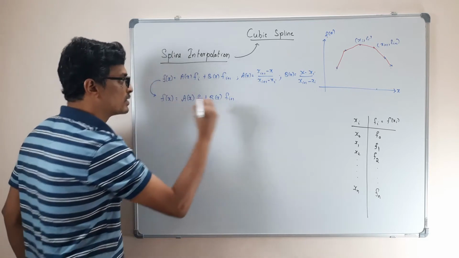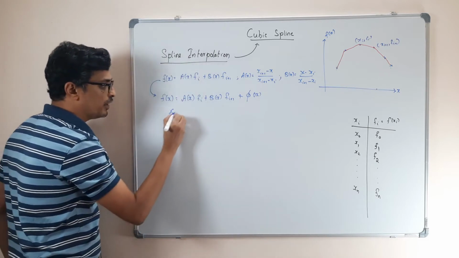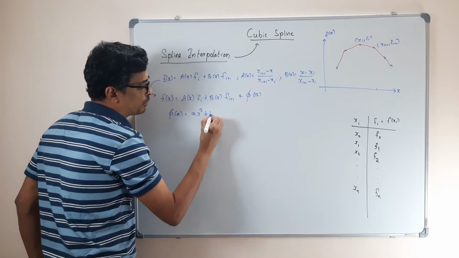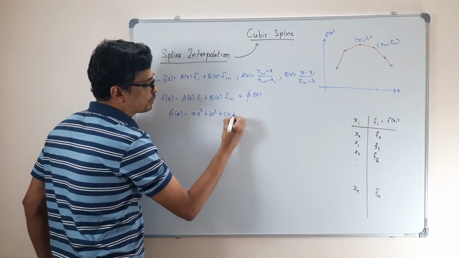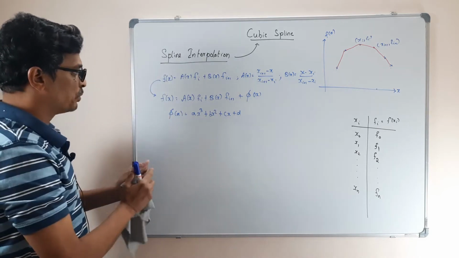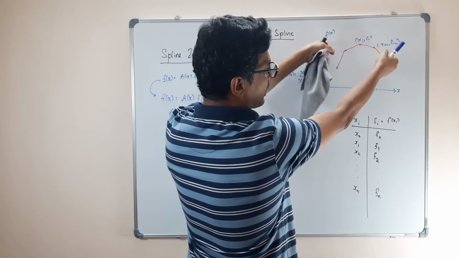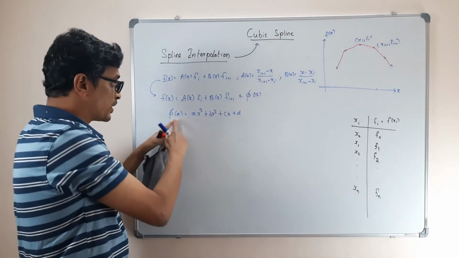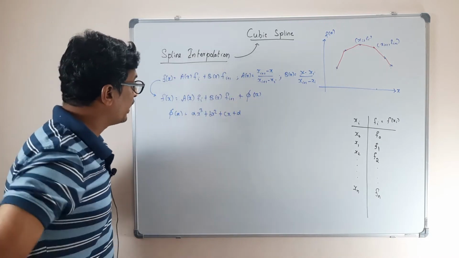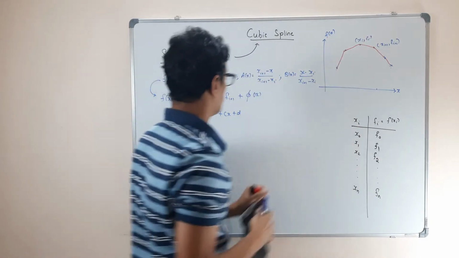We add to this one cubic polynomial, let me call it phi of x, where phi of x is equal to a cubic polynomial: ax cube plus bx square plus cx plus d. By adding this polynomial, I have given a curvature to the straight line, expressed by the cubic polynomial I have added to this function. And that's how I am going to interpolate it.